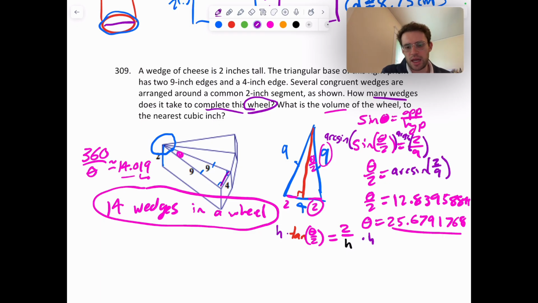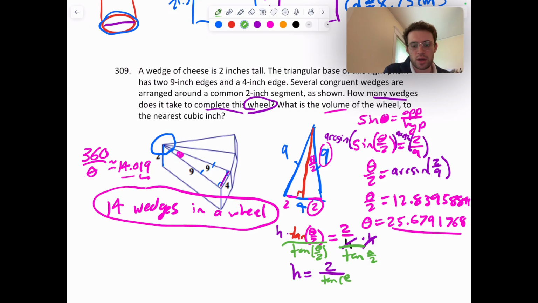And then we get height times tangent of theta over 2, and on this side, it's just 2. Then to get the height alone now, we have to divide by tangent of theta over 2 on both sides, giving us that the height is equal to 2 divided by the tangent of theta over 2.